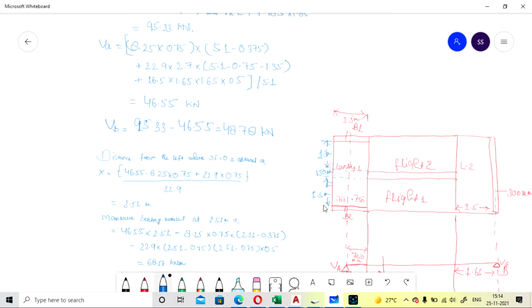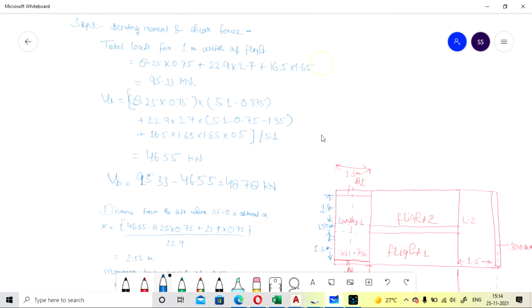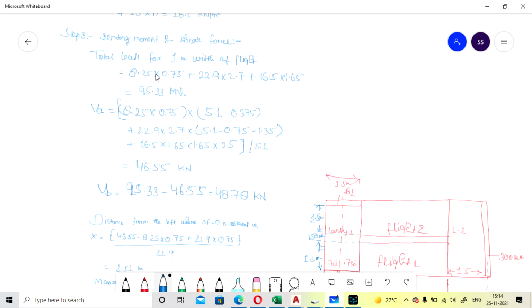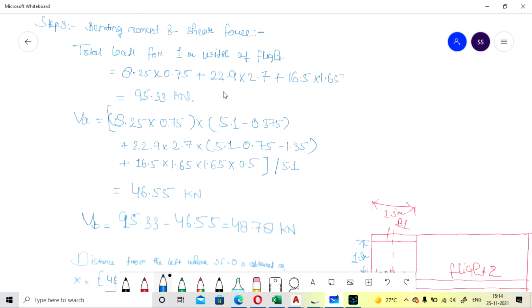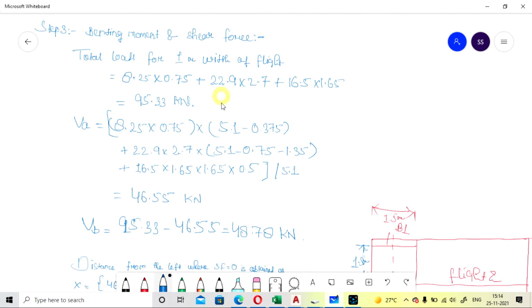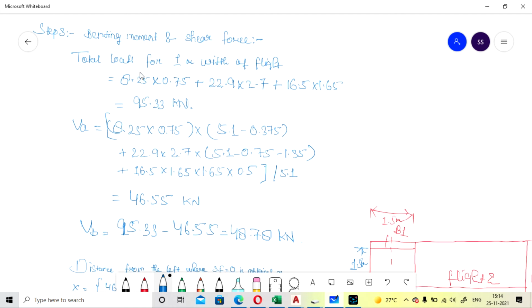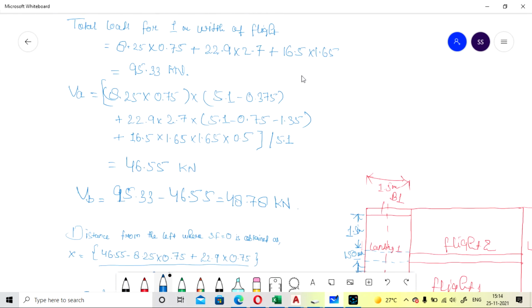So you can calculate for 1.5 meter if you want, but for 1 meter we can follow the same for the per meter. Okay, now how to calculate load for 1 meter of width for flight?